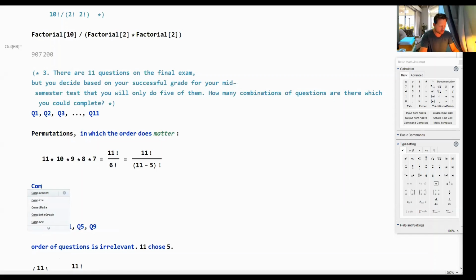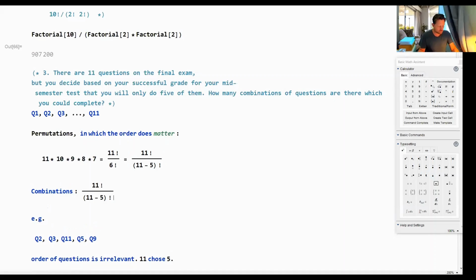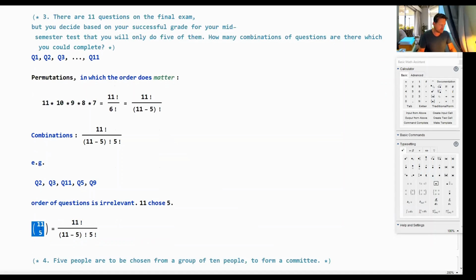So we'll say combinations for this will be the same thing, but then we divide by 5 factorial. Okay, and so this is equal to 11 choose 5. Also, incidentally, that's a coefficient in the binomial expansion of, say, x plus y to the power of 11.